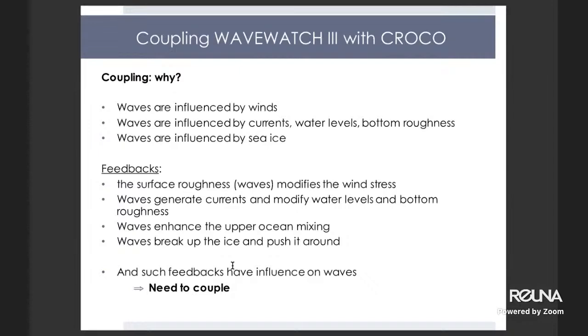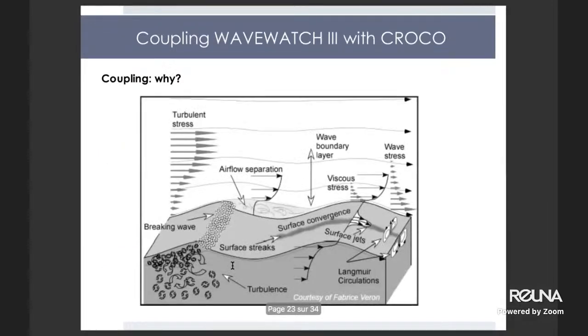And if all these feedbacks, and they do, have influence on waves, you need to couple. So here is a little sketch of a lot of coupled processes. I won't go into details in all of them, but it's a really nice sketch. And if you want to think about all processes, you should look at it carefully.